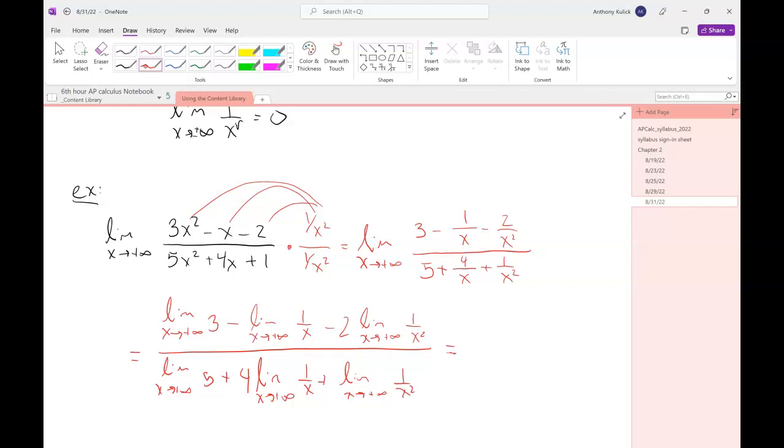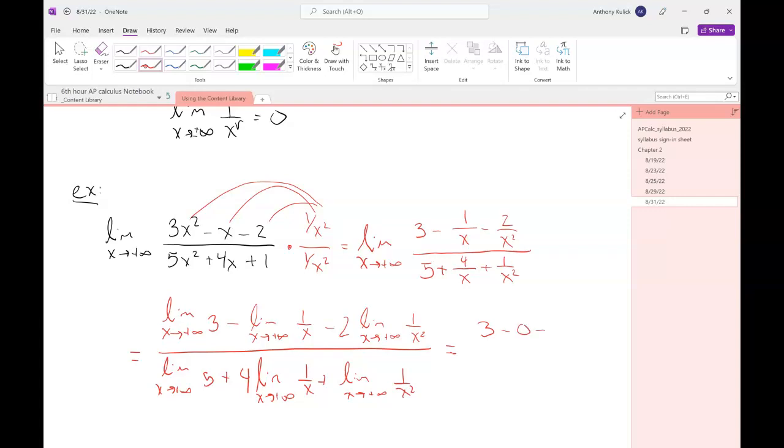Now I can evaluate this. So it's the limit as x approaches infinity of 3. The limit of a constant is always that constant. It doesn't matter what the x is going to. And by the theorem above, the limit as x approaches infinity of 1 over x is 0.